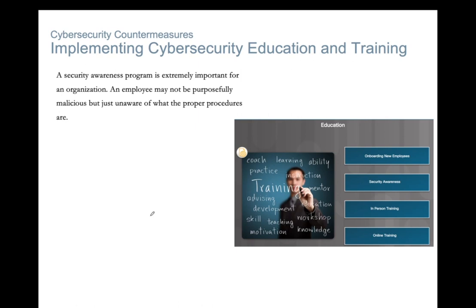An employee may not be purposefully malicious, but just unaware of what the proper procedures are. There are several ways to implement a formal training program: onboarding new employees, security awareness, in-person training, or online training.